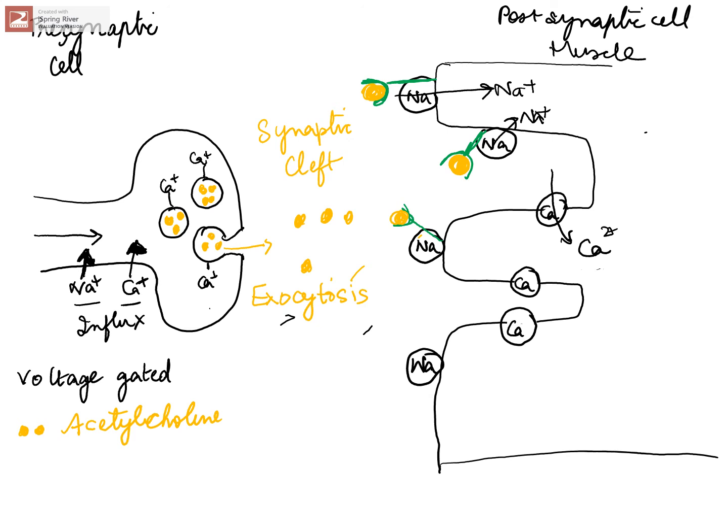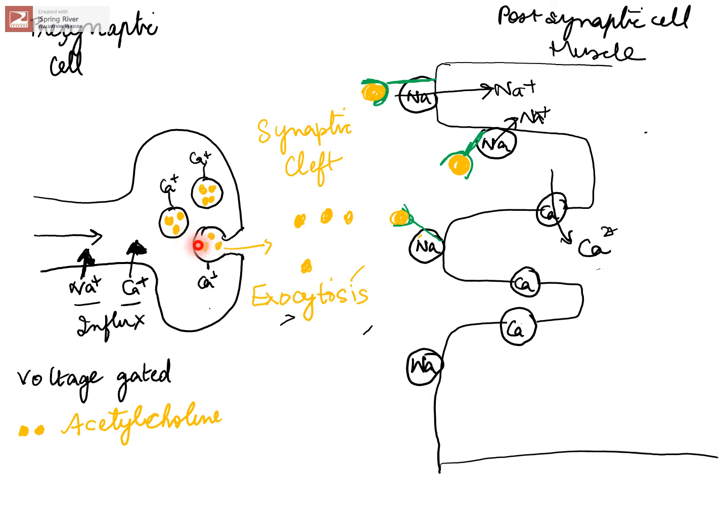Okay, now let's quickly go over what's happening over here. The action potential arrives at the axon terminal. It causes an influx of sodium and calcium ions into the synaptic knob. The acetylcholine vesicles get activated by binding of the calcium ions.